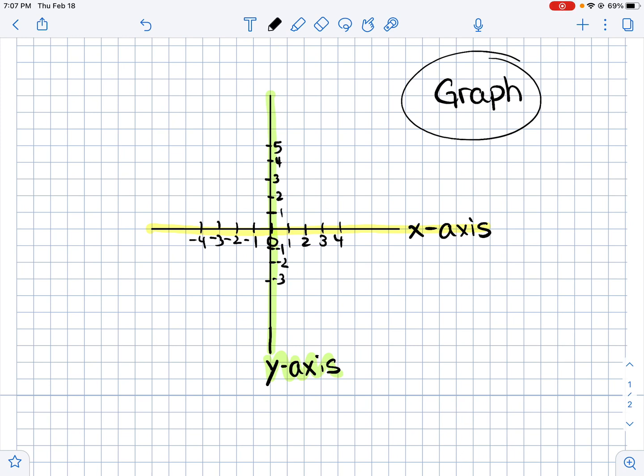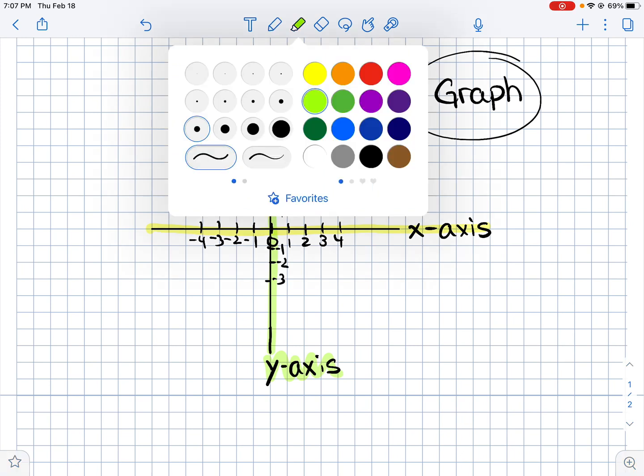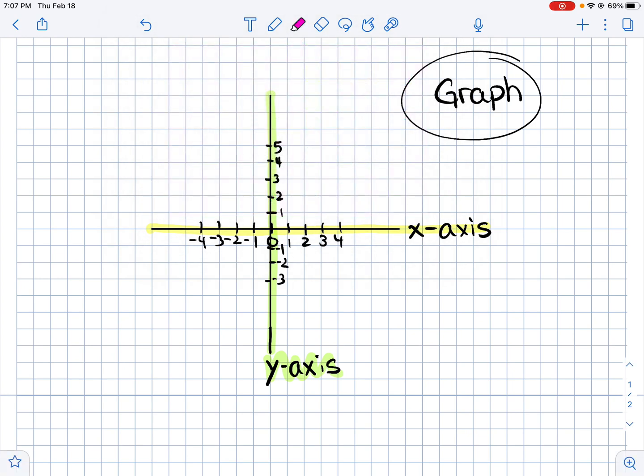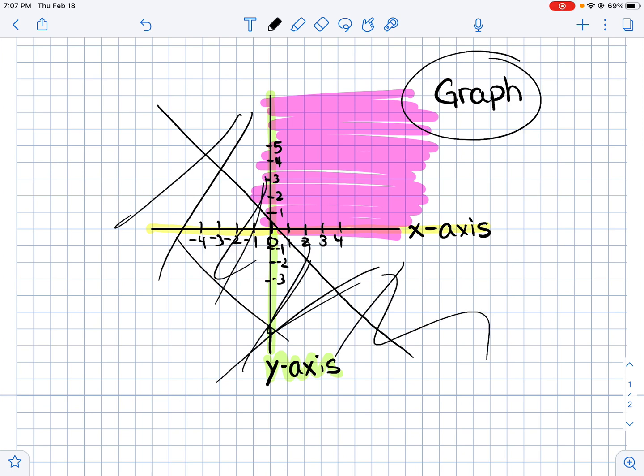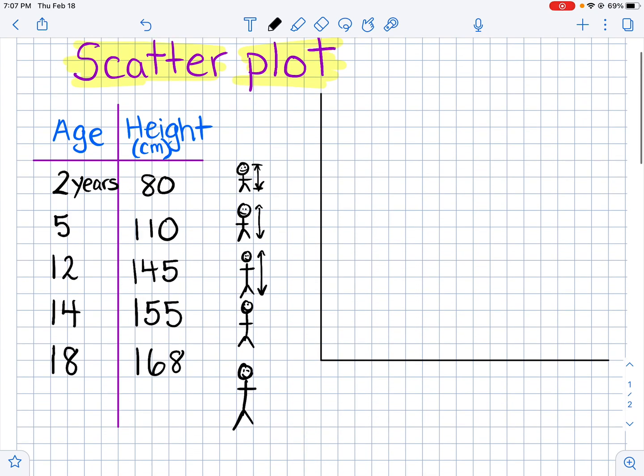Well, we are only going to look at, I'm going to do this in pink, this part of the graph, and we're just going to ignore the rest of it. So it will look like this.